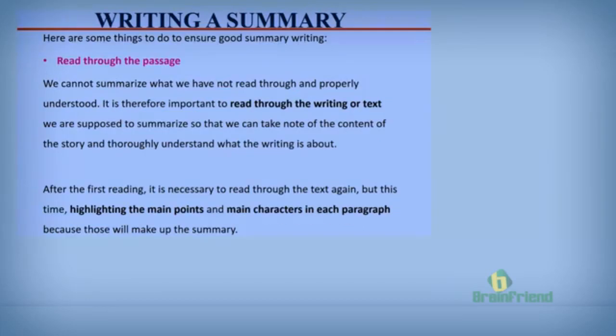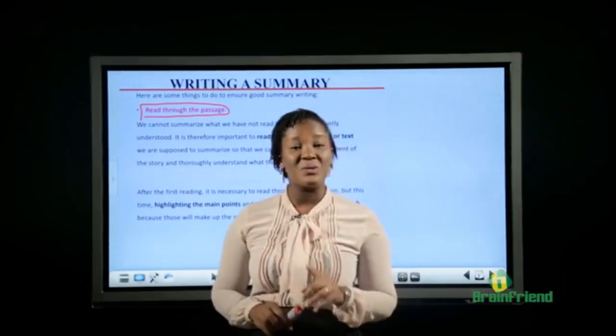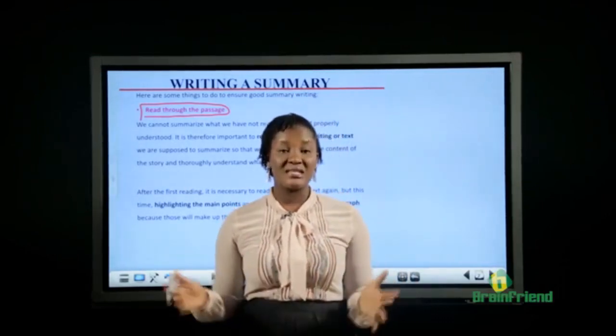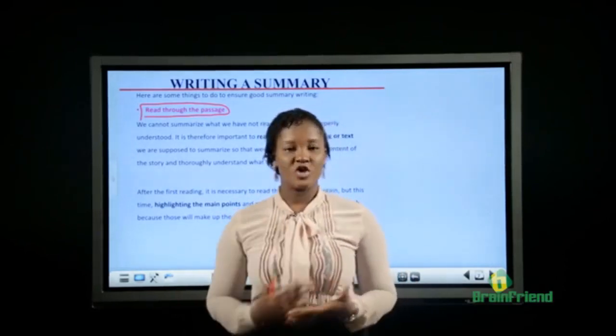Now, let's look at some tips that would help us when we write summaries. The first thing to do before writing a summary is to read through the passage. For us to do summary writing, there has to be a text or a written material which we should read before summarizing.